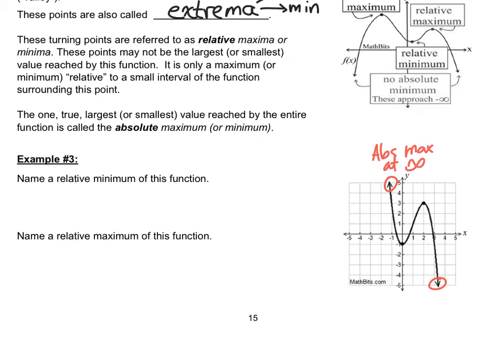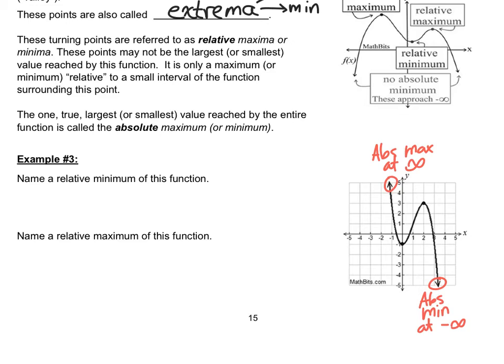An absolute minimum at negative infinity. Now, it's kind of hard to think of something as being absolute if it's not finite, right? But really what they're saying is that there is no limit to how high or low this graph could go. What they are asking us for are the relative extrema, the relative mins and maxes.